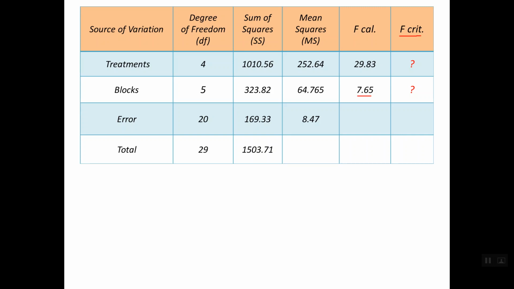In order to determine the value of the critical F for the treatments and the blocks, we need to return back to the F distribution tables by knowing three things. For example, to determine the F critical for the treatments, we need first to know the value of the probability.